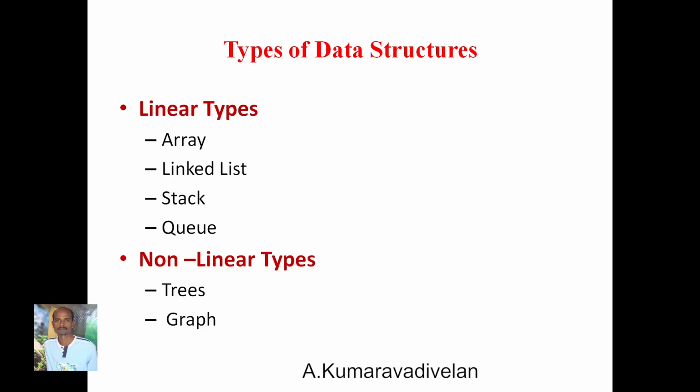Next, we move to types of data structures. Here, two types are available. One is linear types, another is non-linear types. Linear types are array, linked list, stack, and queue. Non-linear types are trees and graph. So we will see them one by one.